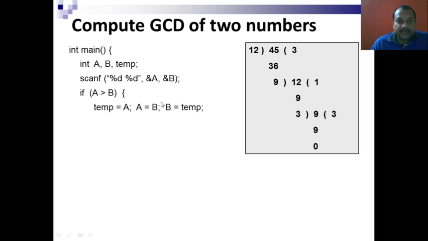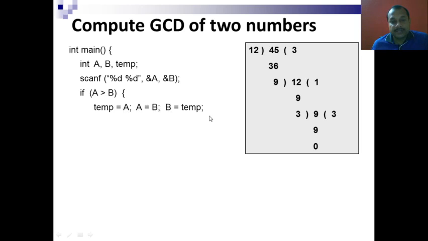But if a is strictly greater than b, then I am copying the content of a into temp, then copying the content of b into a, then transferring the content of temp to b. That way, after the execution of these three statements, the content of b is transferred to a and the content of a is transferred to b.